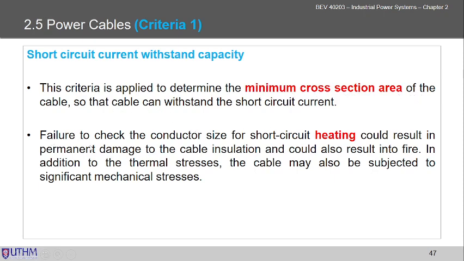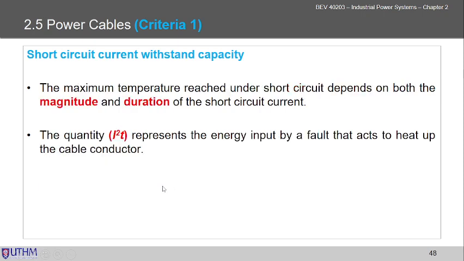If you fail to check this, your cable might overheat. It might cause permanent damage, or sometimes explosion, or what we call mechanical stress. This short circuit current withstand capacity depends much on the magnitude and the duration of the short circuit current.